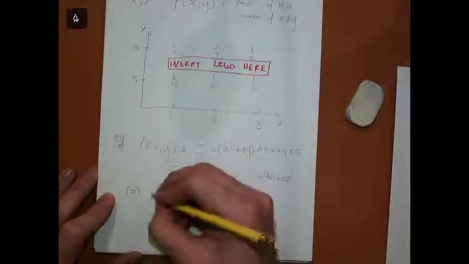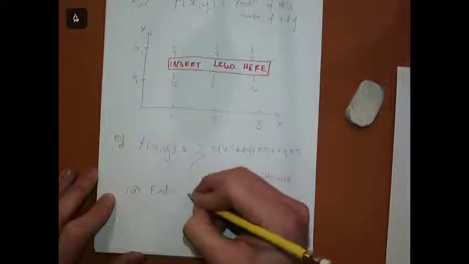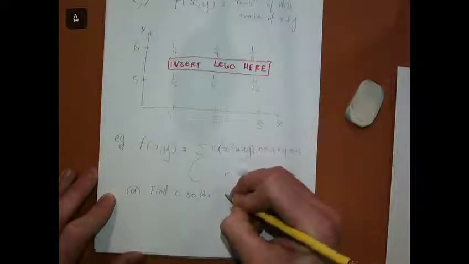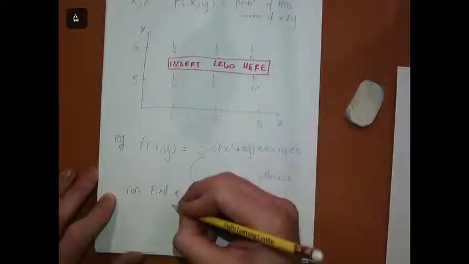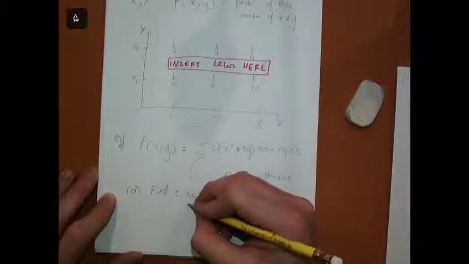Okay, so this is a classic problem that you might see. Part A would be: find c so that this is a valid probability density function.